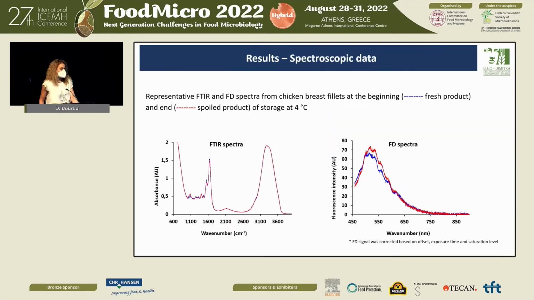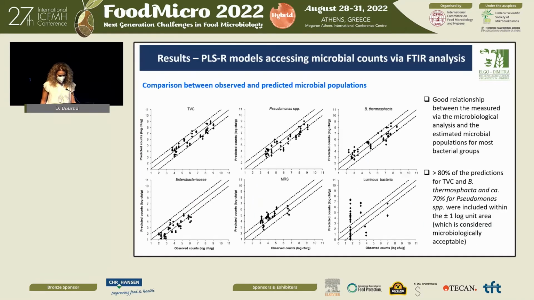Here we can observe 2 representative spectra from the 2 sensors at the beginning and end of storage, from a fresh and a spoiled sample, with blue and red lines. And we are going now to the results with FTIR analysis and the PLS models that were generated.